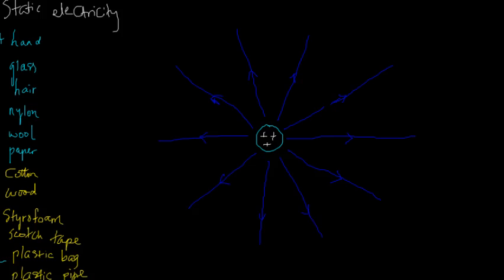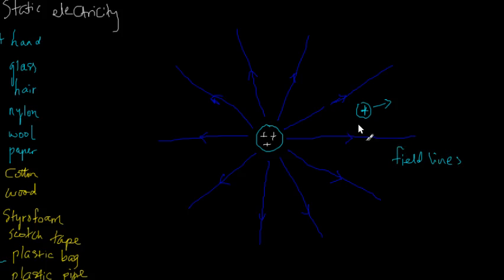Okay, so for example, if I put a little positive charge here, it will experience a force in this direction. Okay, and I can tell by looking at what we call field lines that I've drawn.